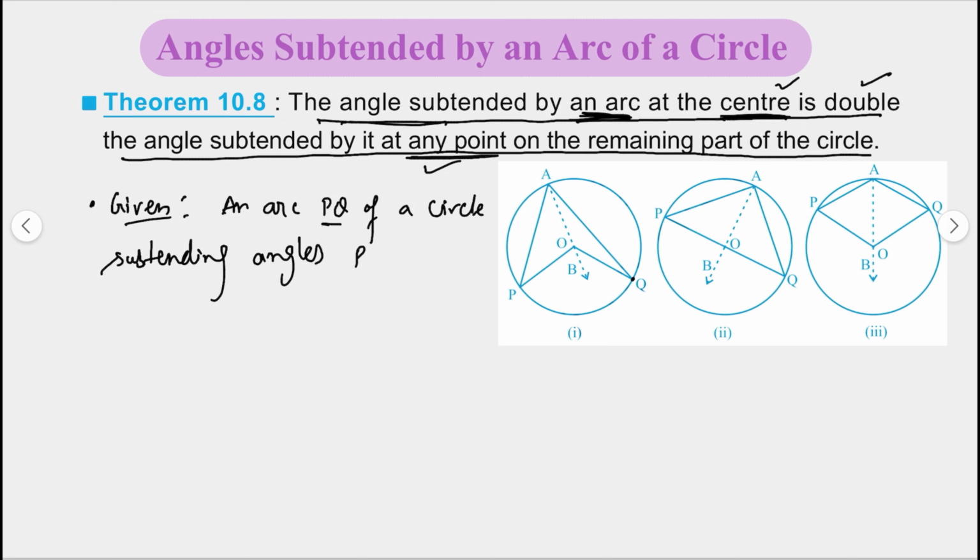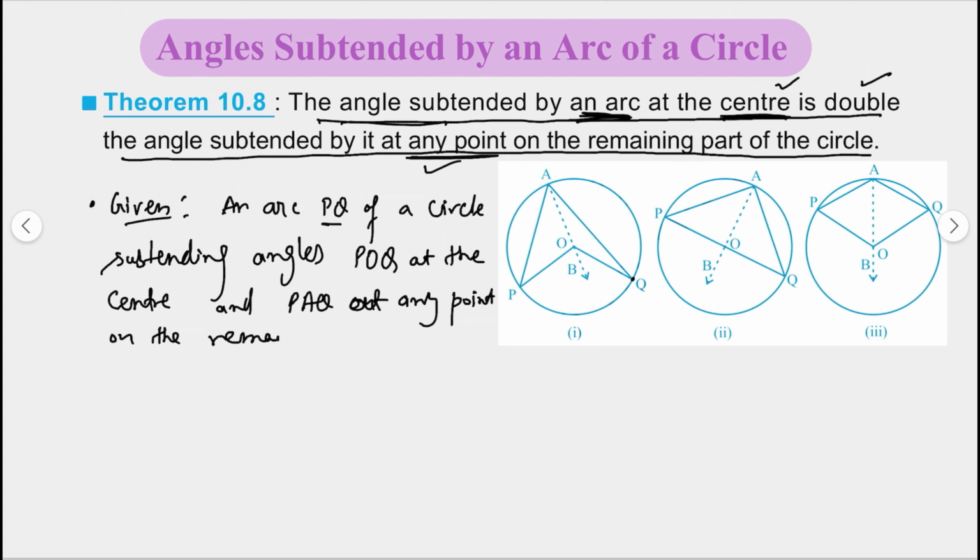One angle is POQ, which is at the center, and another angle, PAQ, is at any point on the remaining part of the circle.